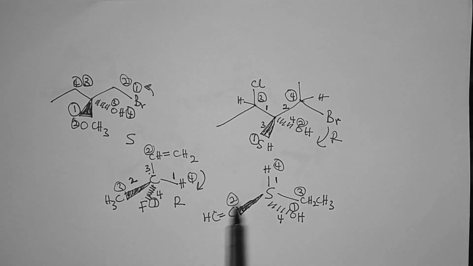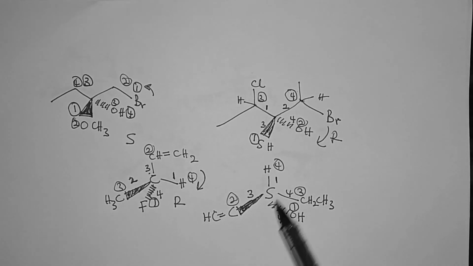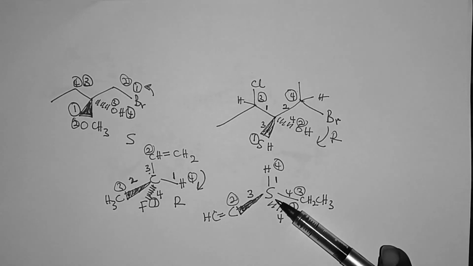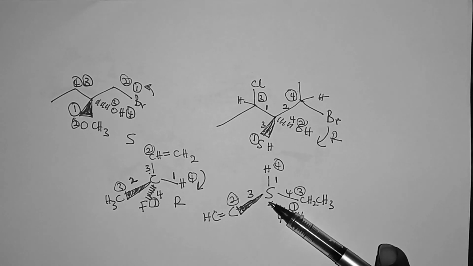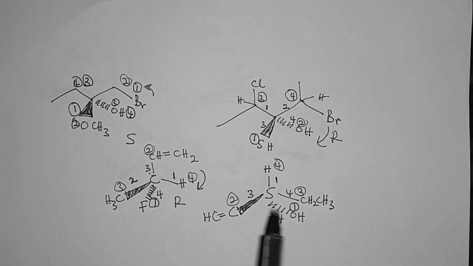If we are done, then we'll swap the other two. So here becomes number 3 and here becomes number 4. So we'll cover the lowest priority group. If we cover the lowest priority group, you see that this is 1, 3, 4. So it is going in the anti-clockwise direction. Sorry, I made a mistake.